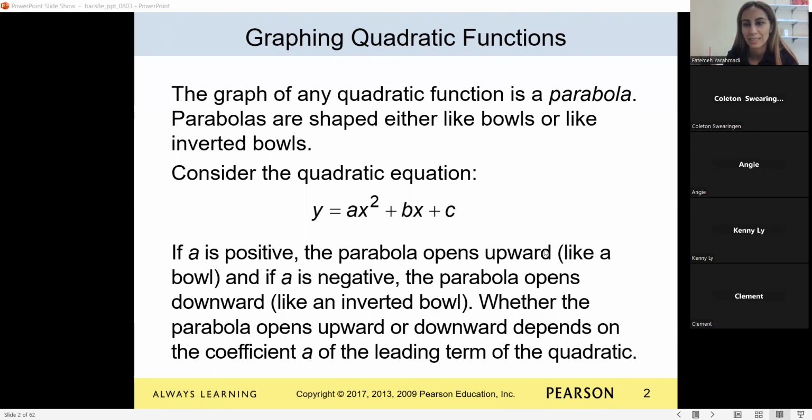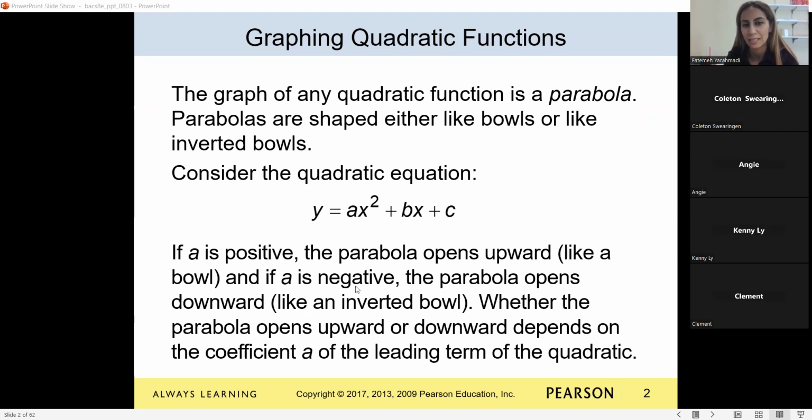Consider a quadratic equation of the form y equals ax squared plus bx plus c. If a, the leading coefficient, is positive, then you have a parabola that opens upward like a bowl.